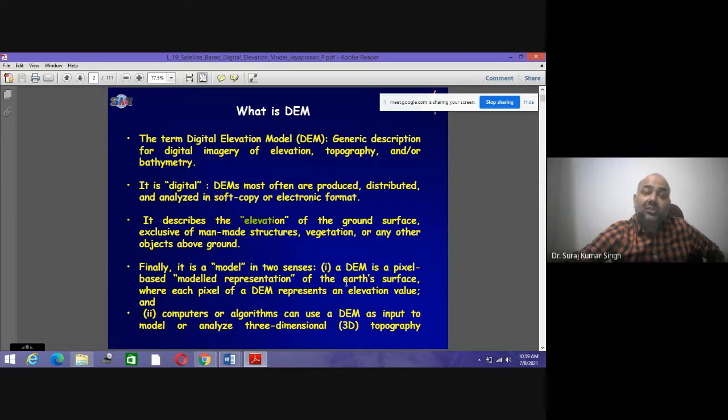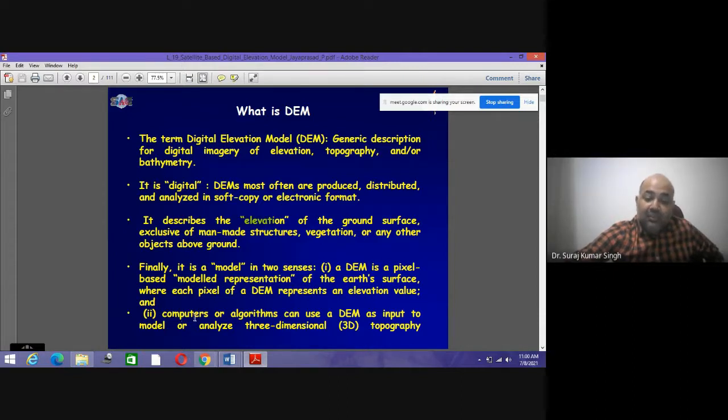They contain information about the topography of that area. When it comes to satellite images, the pixels carry information about the object, but here they contain information about the height and the contour of that area, where each pixel of a DEM represents an elevation value. Here each pixel will have a value, and that value corresponds to the height of that object.